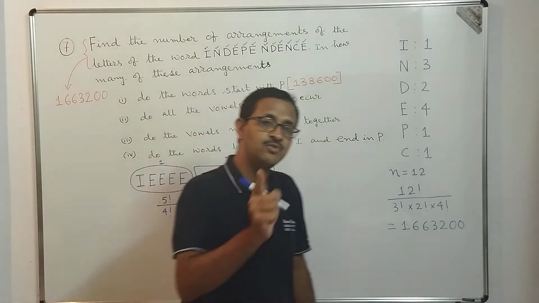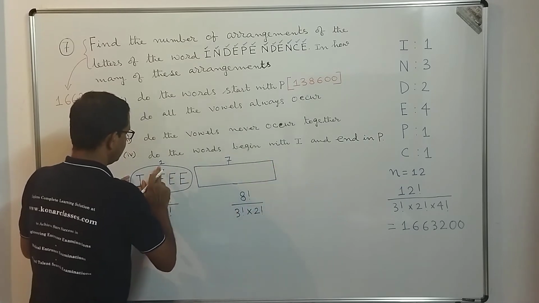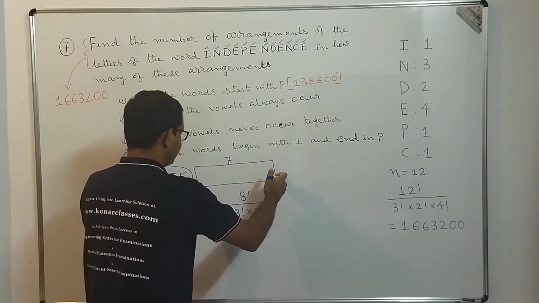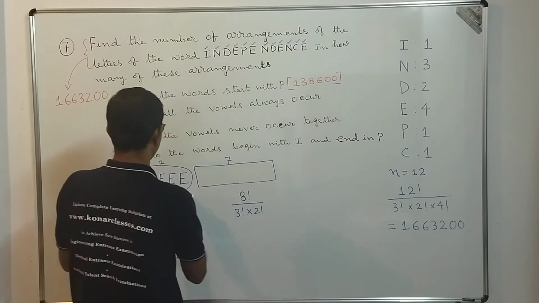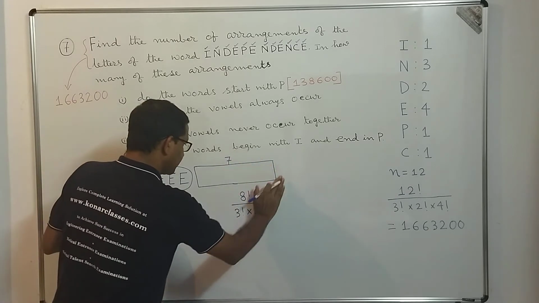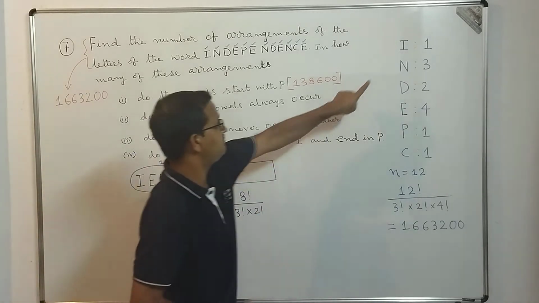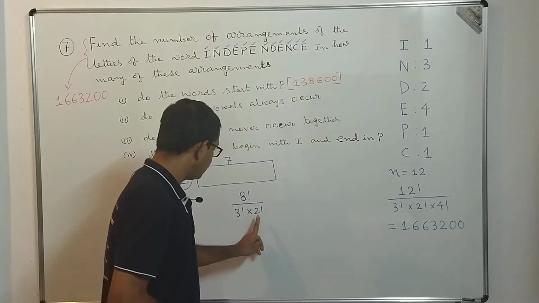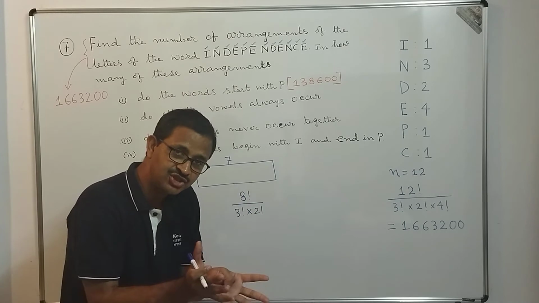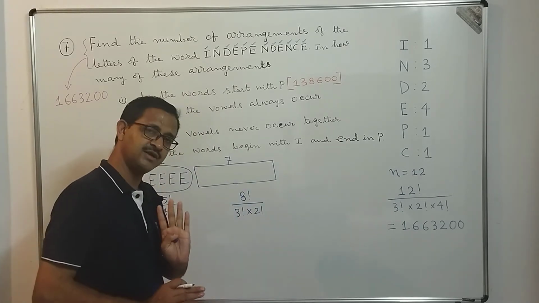Let me repeat once more. There are a total of 8 objects: all the vowels together as one object, and 7 objects apart from these vowels. Out of these 8 objects, there are 3 objects of type N and 2 objects of type D. Then what is the total number of arrangements? 8 factorial divided by 3 factorial into 2 factorial, correct?